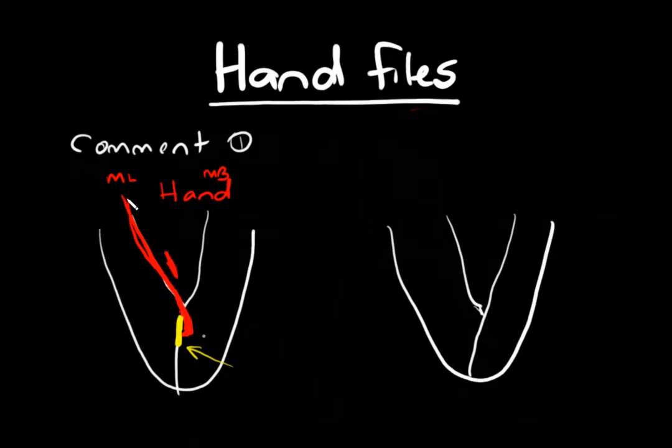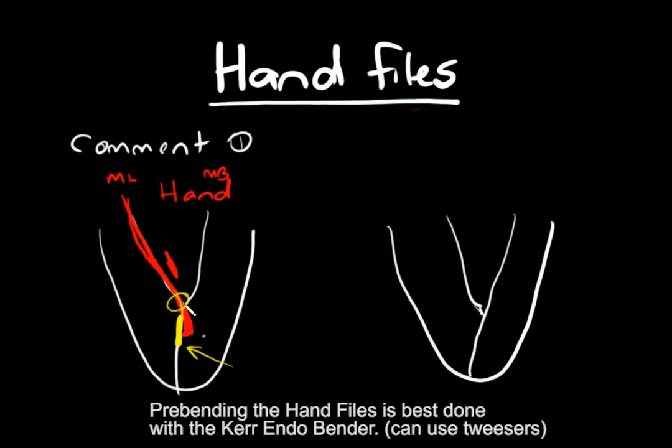So that would have been a tricky curve to get around, and what they need to do is expand or enlarge the canal at this area here, and then pre-bend the file to get around this. I haven't covered pre-bending, but pre-bending is just bending the tip of the file depending on the anatomy that you're bending it for.